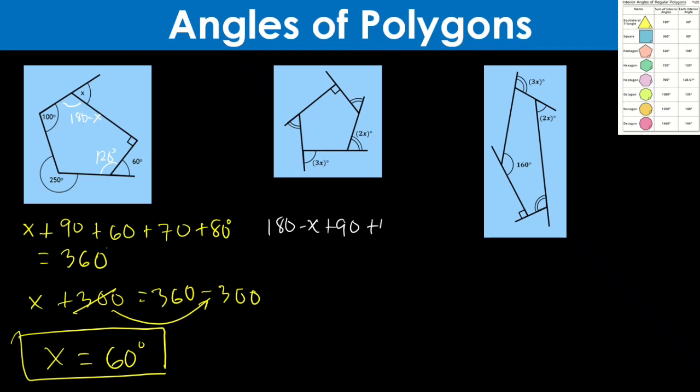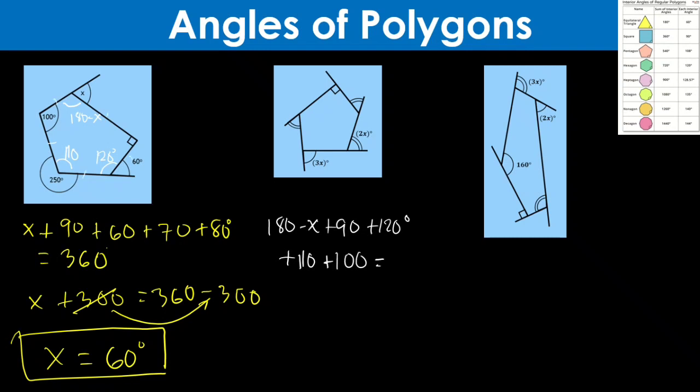So plus 120 degrees. And this total is 360 degrees, and we have 250 already here. That means this is 110 degrees. So plus 110 degrees, plus, okay, there we have the interior 100 here.